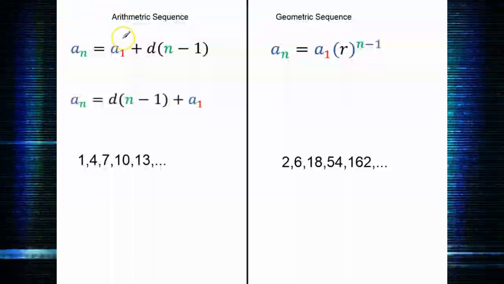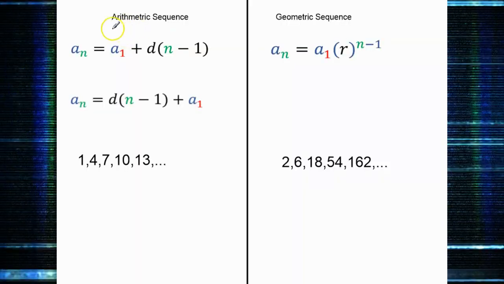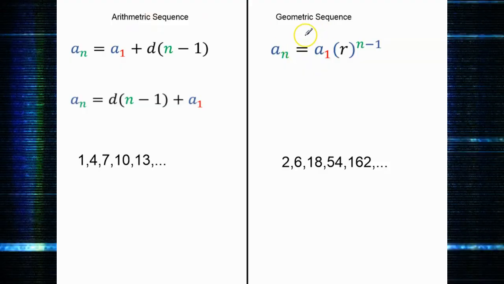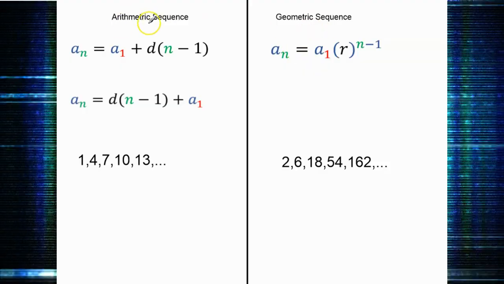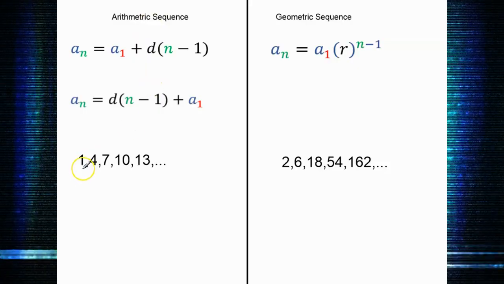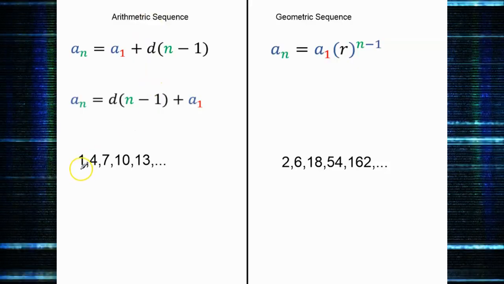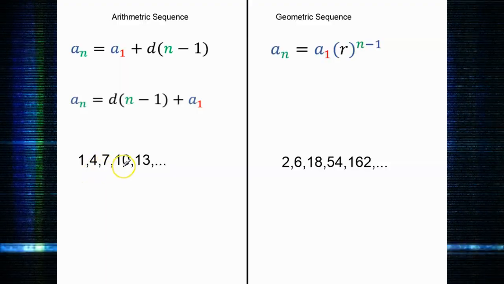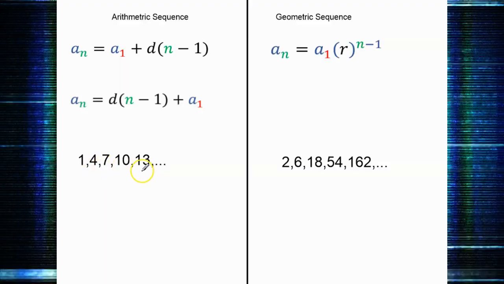When we have a sequence, they're going to come in two types, either an arithmetic sequence or a geometric sequence. An arithmetic sequence is basically something where we're adding the same amount each time. So in this case, we're adding the same amount to get to the next value.